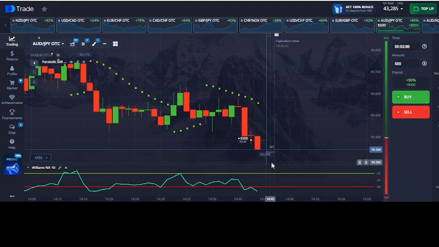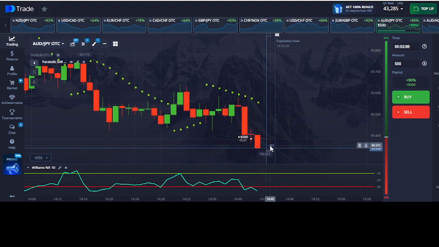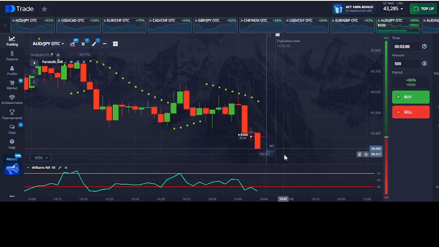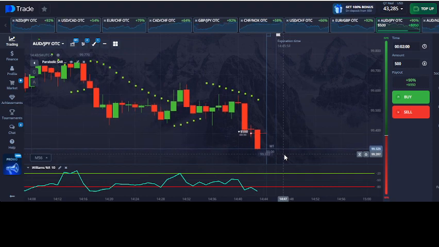So let's monitor this trade and wait for the expiration. Currently, it's pushing downwards as we predicted. So let's wait for the expiration.